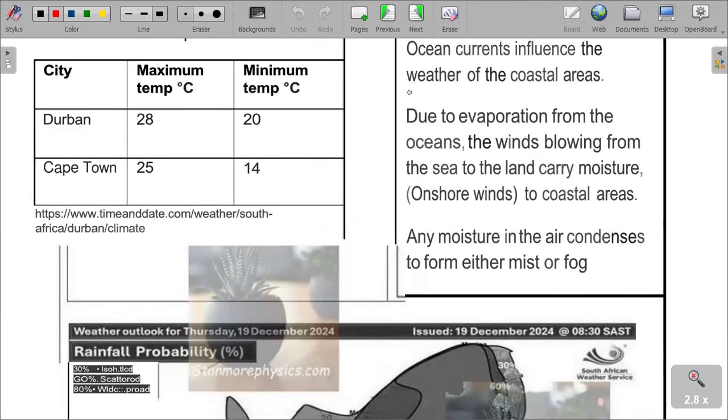Onshore winds are warm and moist. They result in possible chances of rainfall. They also cool the land. Moisture also comes in with them. We talk about mist and fog forming as a result of onshore winds.